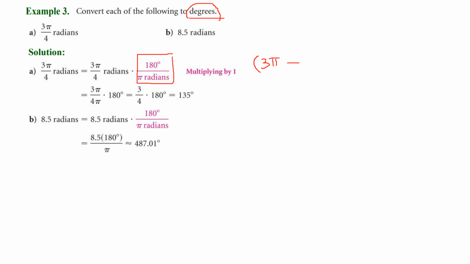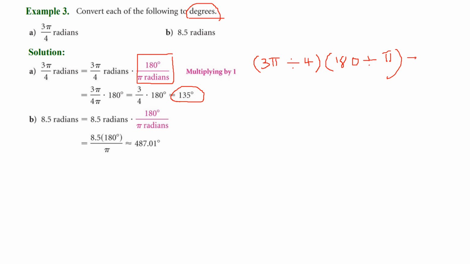Then divided symbol, then 4 and close the bracket, and again keep the bracket 180. Now the formula is reversed, remember: 180 divided by pi. This gives you the value minus 135 degrees.